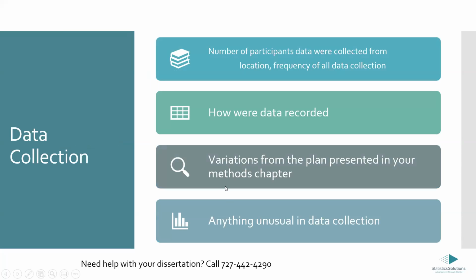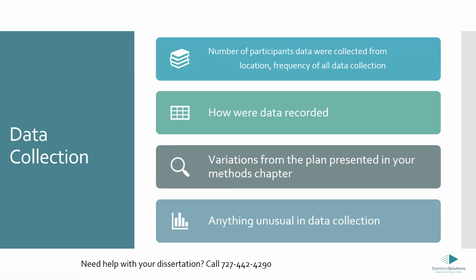You'll also present a section on data collection. Again, if you think about that, you outlined really clearly how you would collect data in your methods chapter, but now you've collected data, so you need to write what actually happened. This is where you do that. And so again, any deviation from what you proposed to do in your methods chapter, this is where it goes.